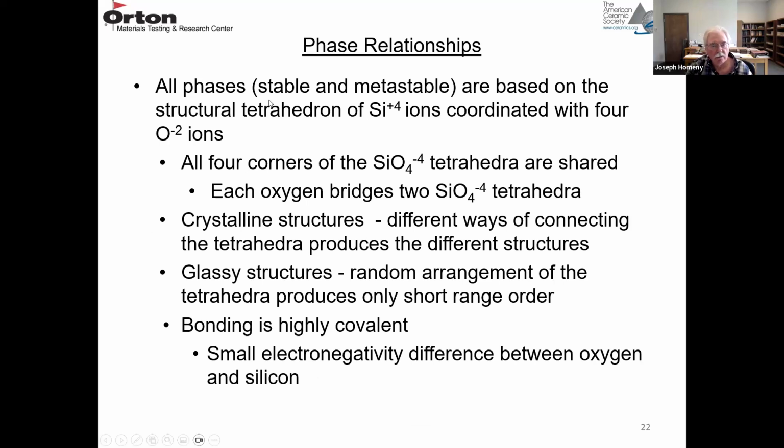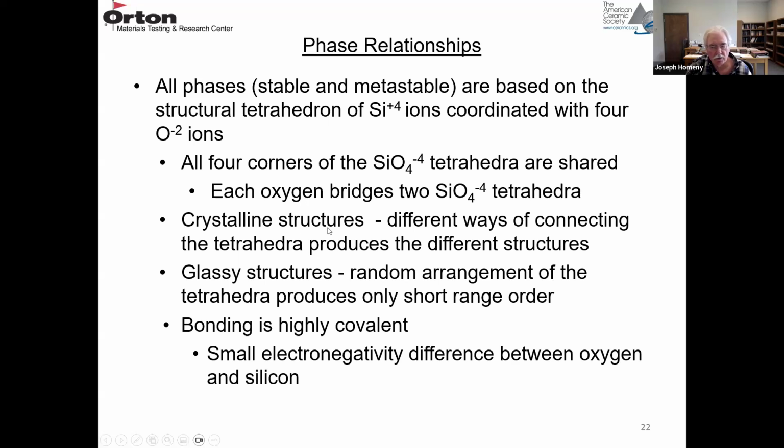So all of the phases, whether they're stable or metastable, are all based on the same structural unit, a tetrahedron of Si+4. It's coordinated with 4 O-2 ions. So all four corners of these SiO4 tetrahedra are shared, and they're bridging oxygens. So each oxygen bridges two of these SiO4 units.